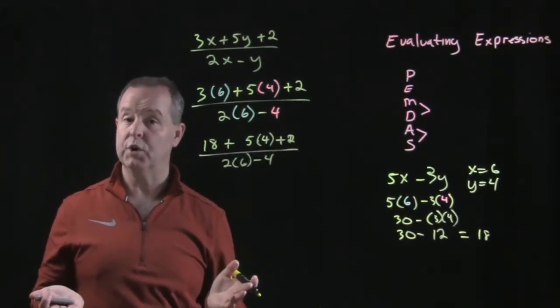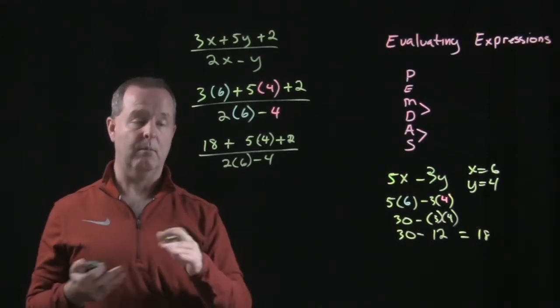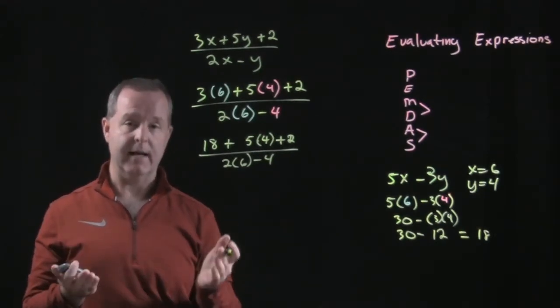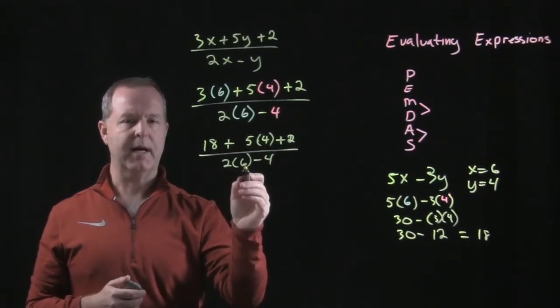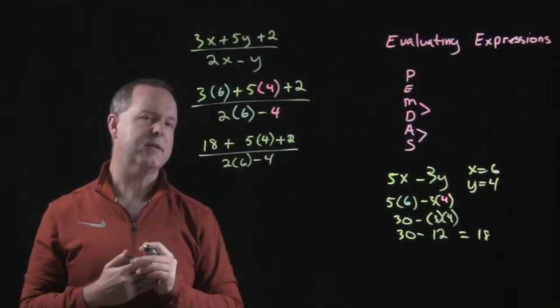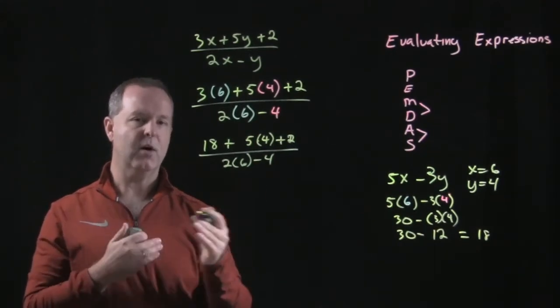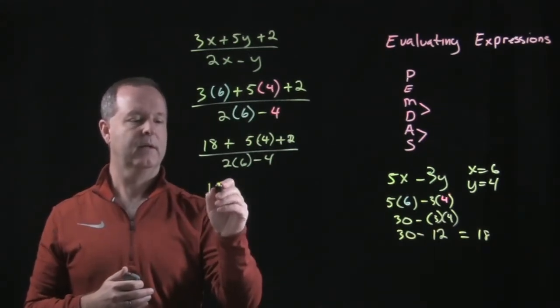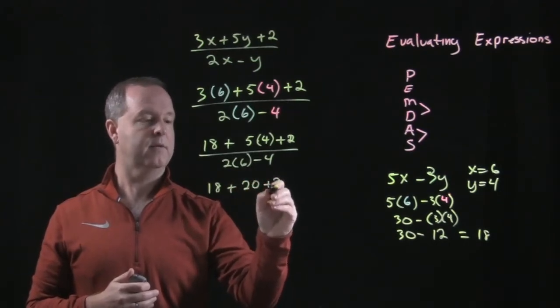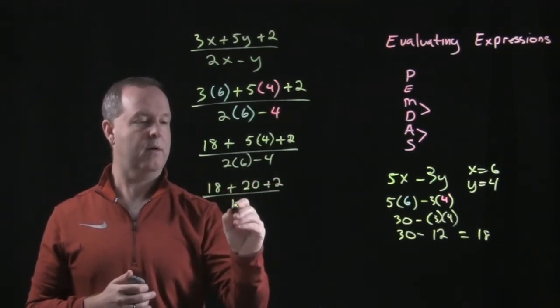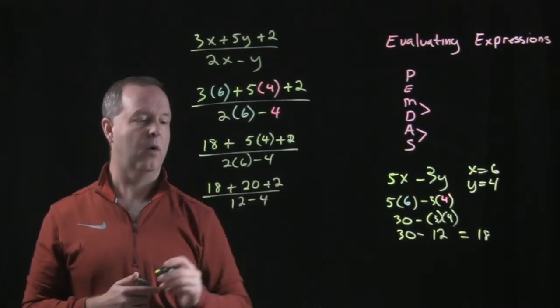Any more multiplication or division that I see in there? Yes, there's a 5 times a 4, and there's also 2 times a 6. I'm going to take care of both of those at the same time since they don't impact each other. So 18 plus 20 plus 2, all over 12 minus 4.